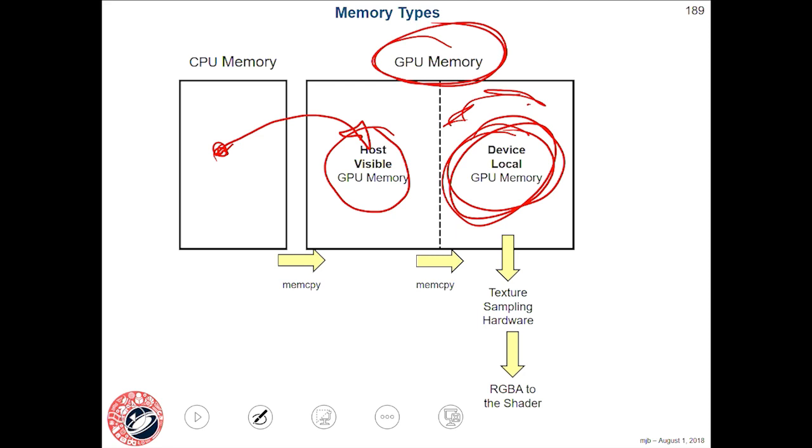So this is where we want the textures. This is where we've got the textures. How do we get them over there? We can't get them over there directly. So it's a two-step process. We're going to copy the texture information, the red, green, blue, A, to here. Then we're going to copy it to there. Okay, and so it's going to end up exactly where we want it, exactly where the shader wants to find it. It's just going to be done in a different way.